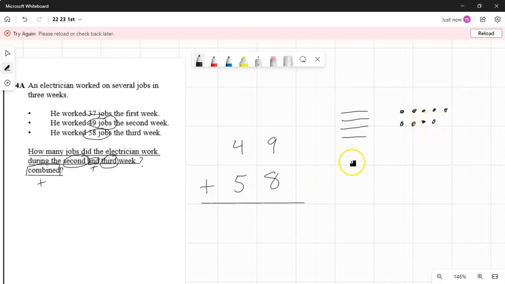And then 58 would be 10, 20, 30, 40, 50, and 8 ones would be 1, 2, 3, 4, 5, 6, 7, and 8.